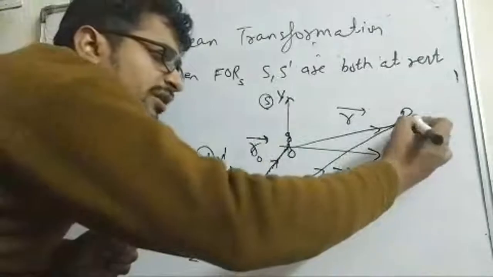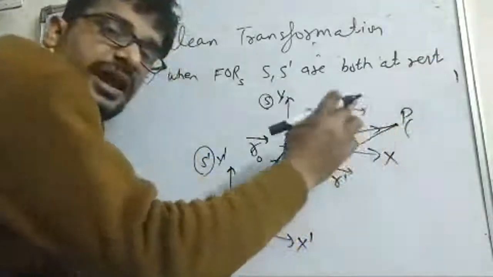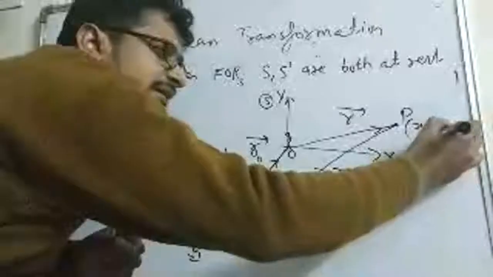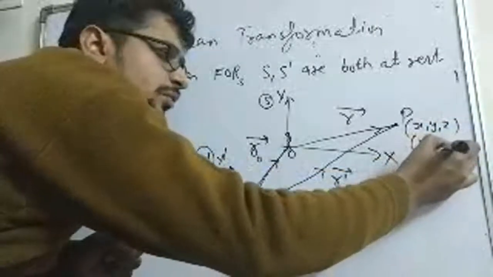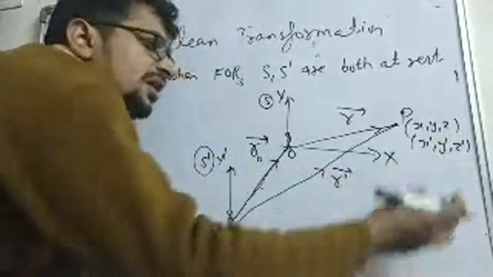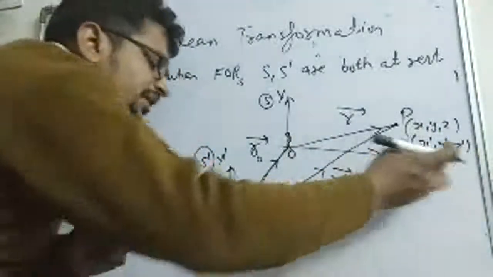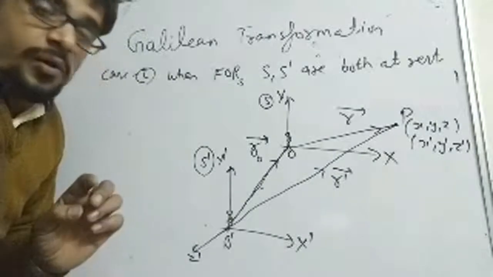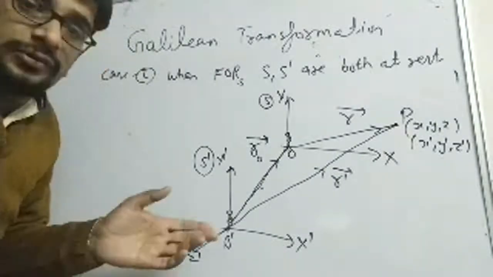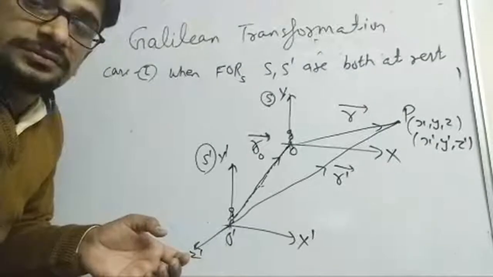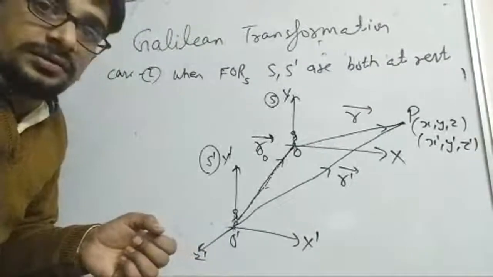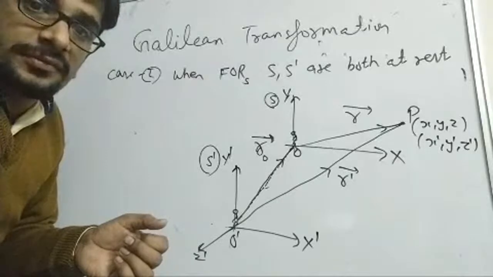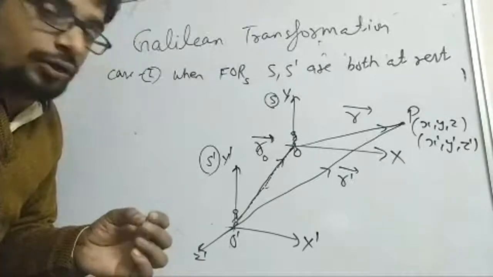The coordinate system of the process at point P is x, y, z corresponding to the first observer, and x dash, y dash and z dash corresponding to the second observer.